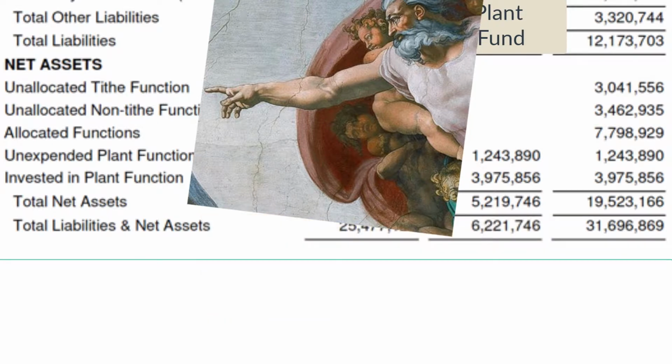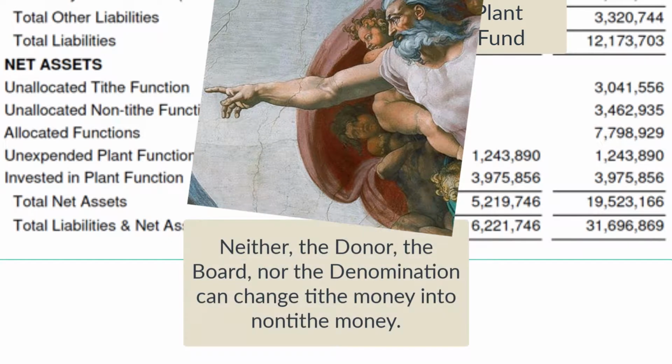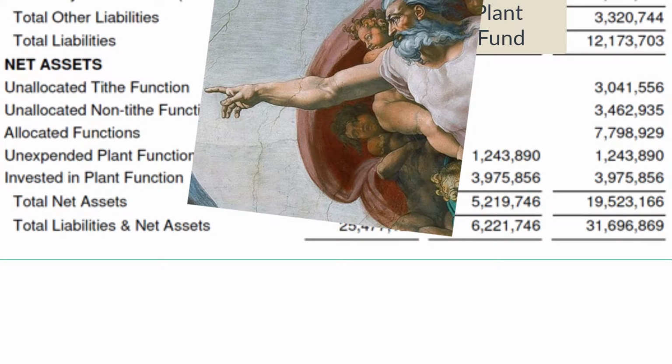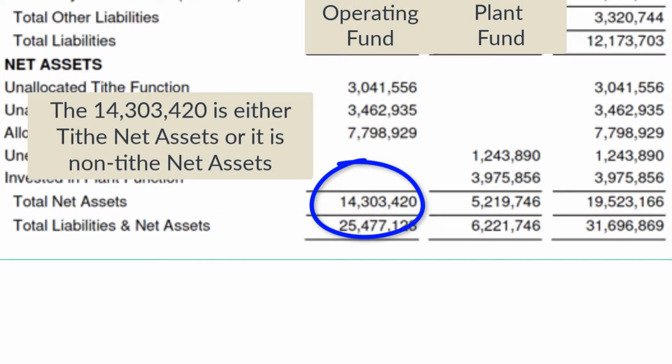The idea is only suggested here to help us with the upcoming topics, and there's no need for you to think too deep about it. But it's useful to think that God designates money as tithe money, and we as a board or as a denomination cannot make tithe money into non-tithe. Notice again, all the $14 million is either tithe or it is not.